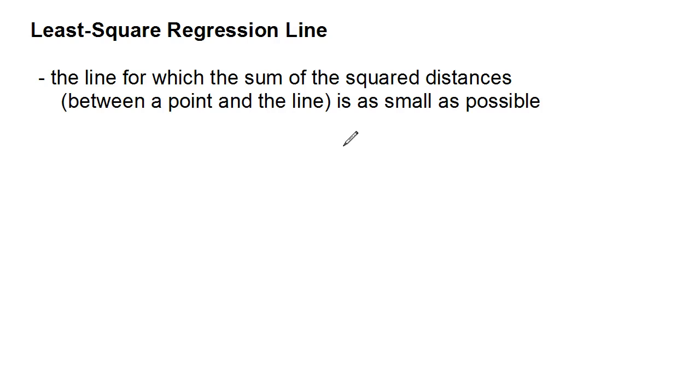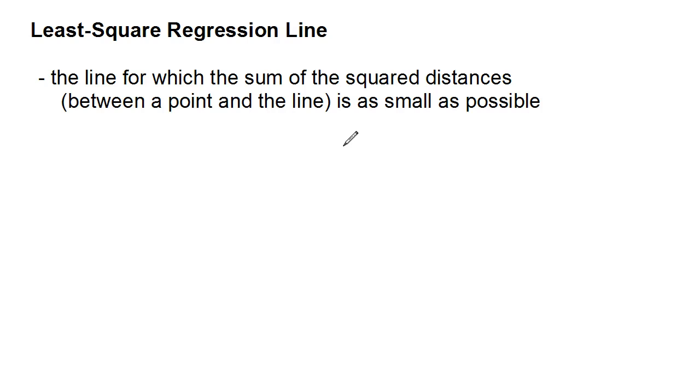And so what we're trying to do is make those values, the difference between the value and the line, as small as possible. And when doing so, we use the standard deviation or the mean as well as the correlation coefficient to help us solve for this equation.